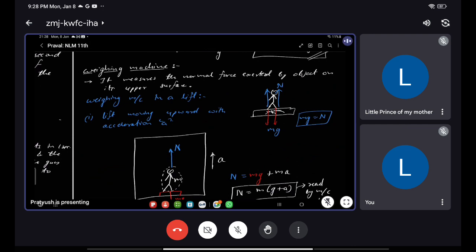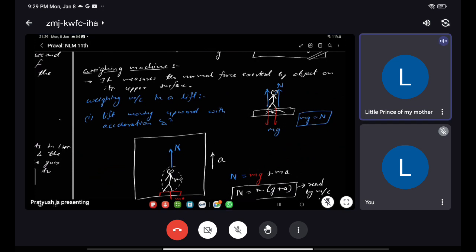Like if you are standing in a weighing machine and weighing machine is accelerating in upward direction, you will feel that you have become a little bit more heavier. Getting it? Sir, getting, sir. It means what?